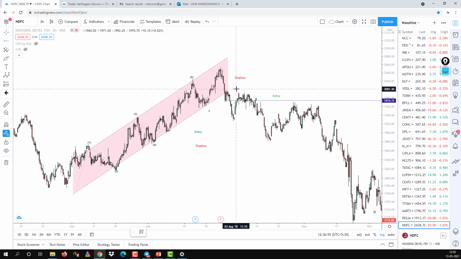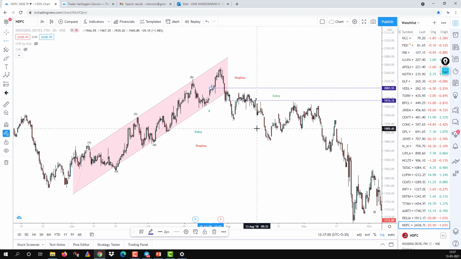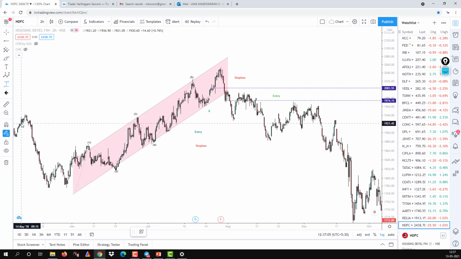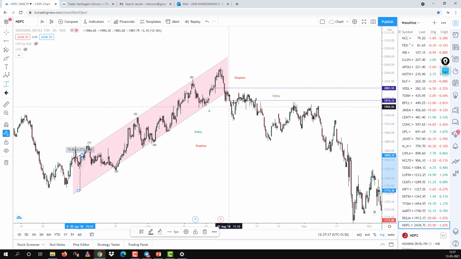Then this is your stop loss, and your target is 75.8. This is your target level.